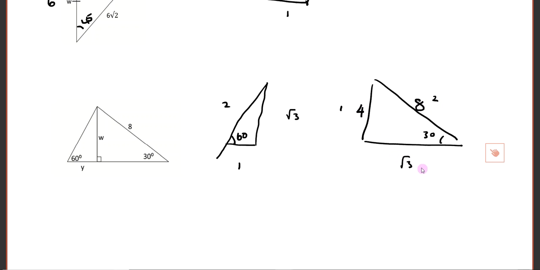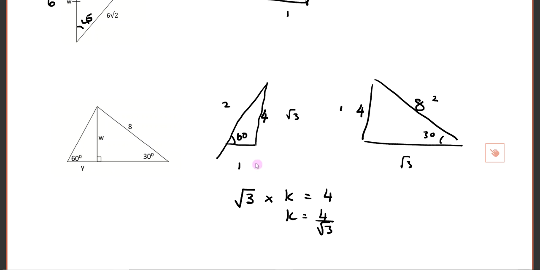Okay. So now we've got 4 here. So it was root 3. How do I get from root 3 to 4? That's what I tried. I write down: root 3 times something equals 4. So the k is 4 divided by root 3. So everything's multiplied by 4 over root 3.